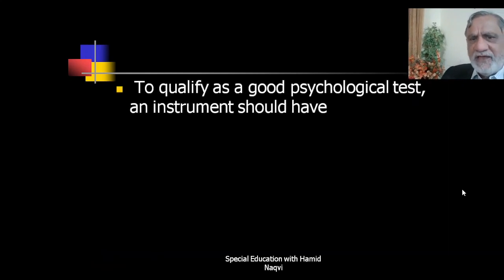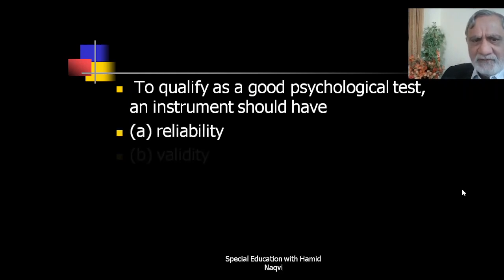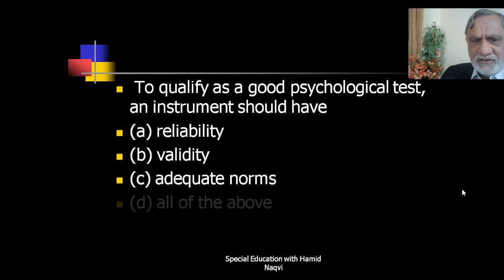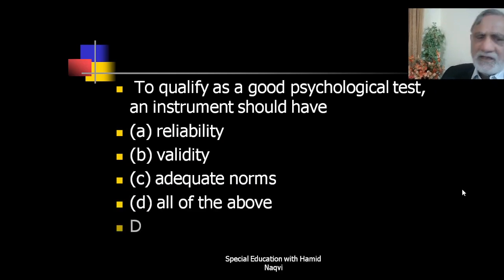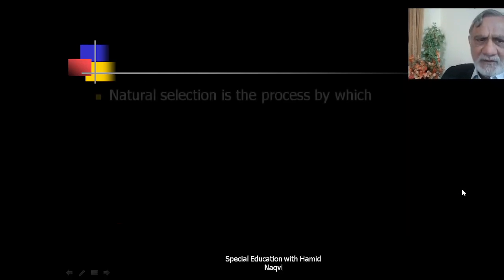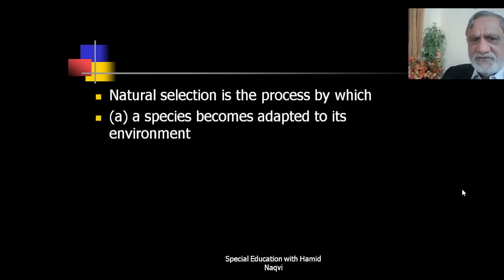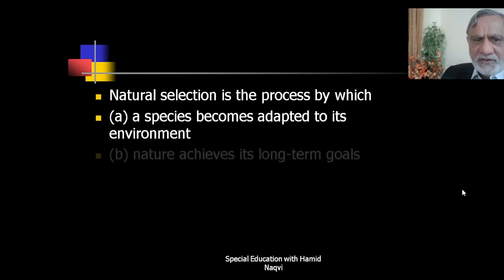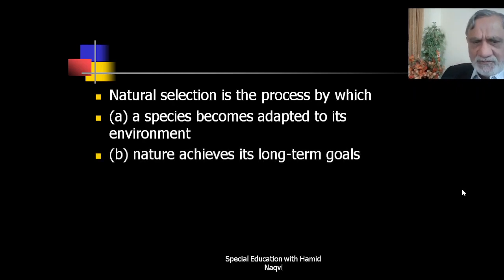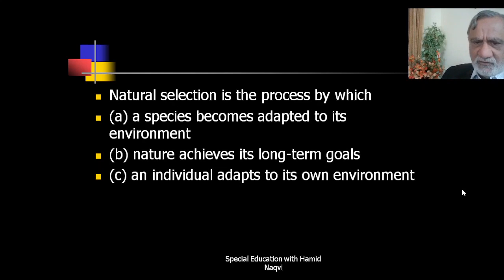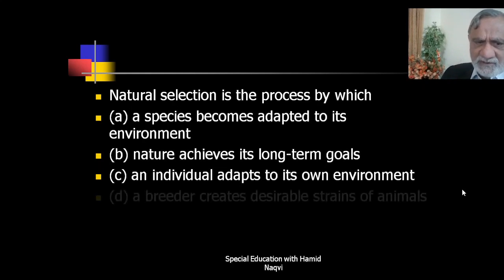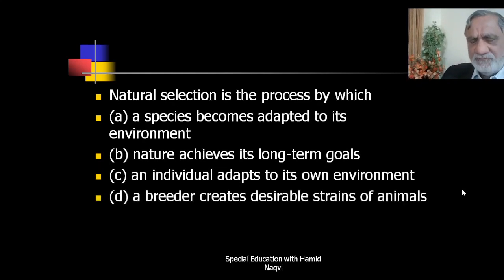To qualify as a good psychological test, an instrument should have reliability, validity, adequate norms, or all of the above? Correct is all of the above. Natural selection is the process by which a species becomes adapted to its environment, nature achieves its long-term goals, an individual adapts to its own environment, or a breeder creates desirable strains of animals? Correct is the first one.